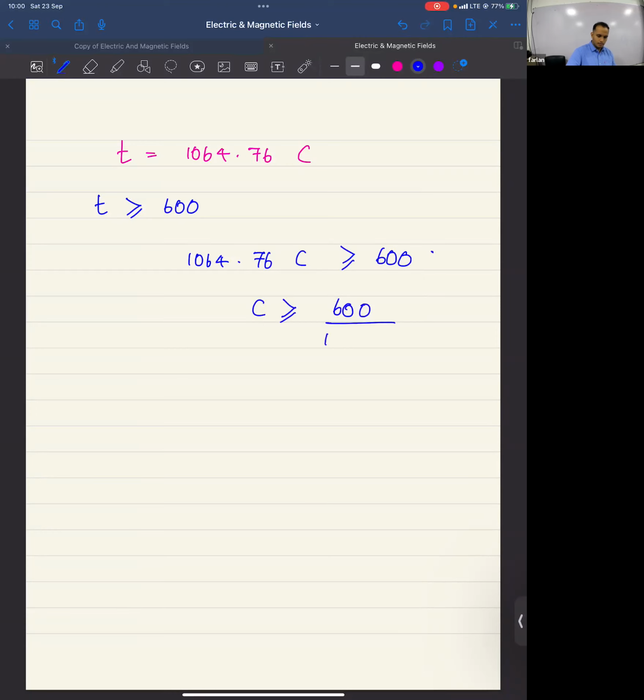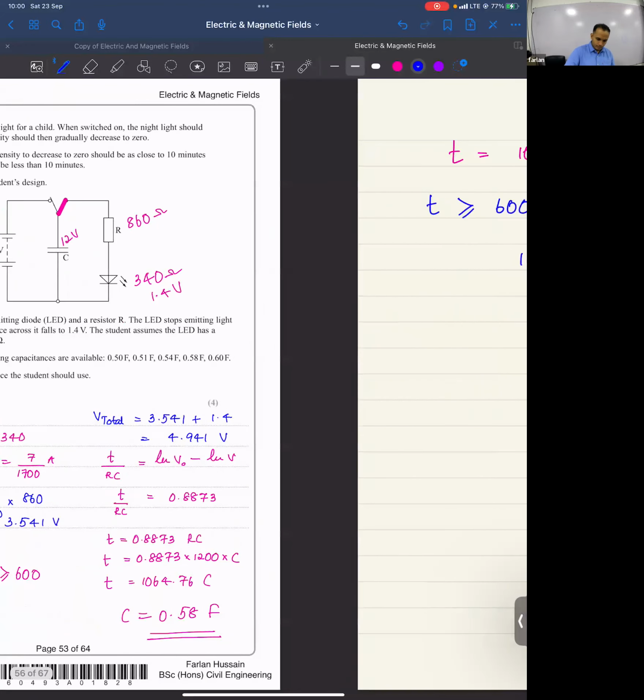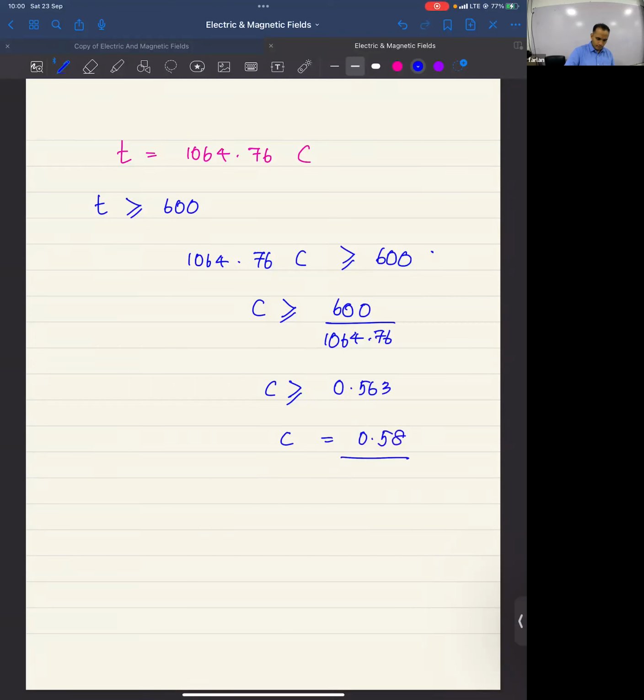So C should be greater than or equal to 600 divided by 1064.76, which means it should be greater than 0.563. So out of the options available, the one which is greater than 0.563 is 0.58. That way, without trial and error, you can arrive at the answer.